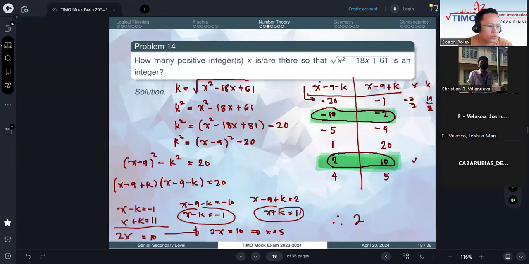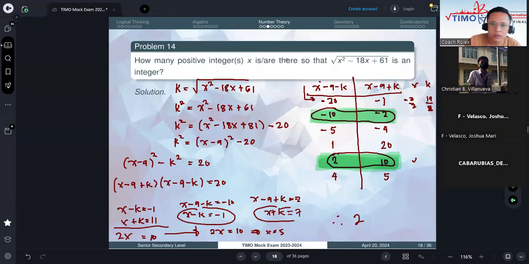Because in the solution, no, not x is equal to 5. The pair here is negative 10, negative 2. Okay. From here, this is negative 2, negative 10, negative 2. So this should be 7.